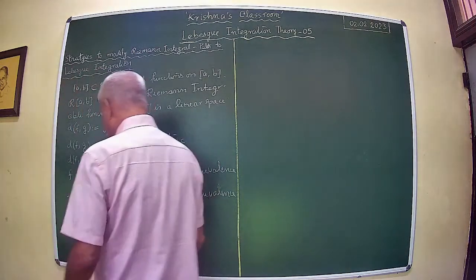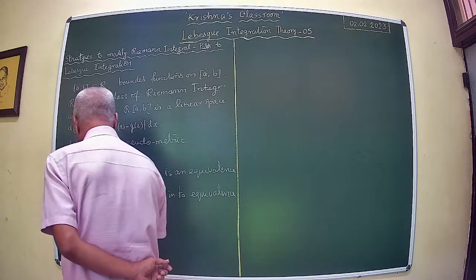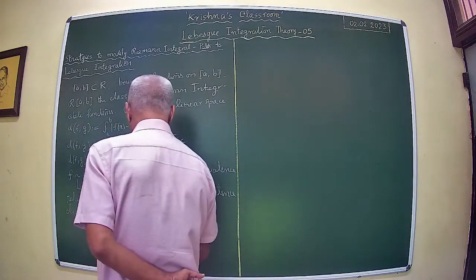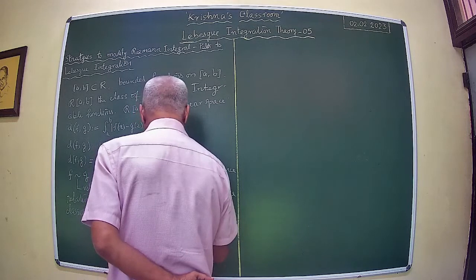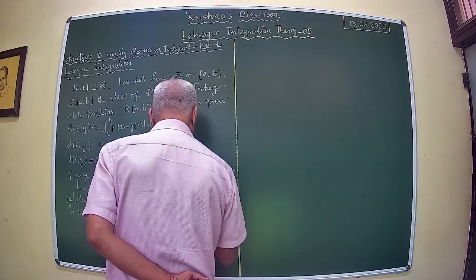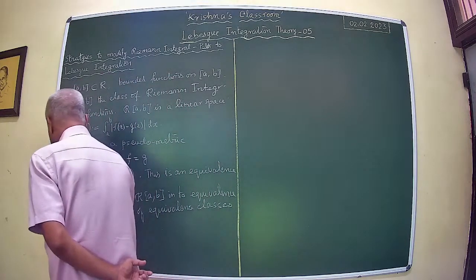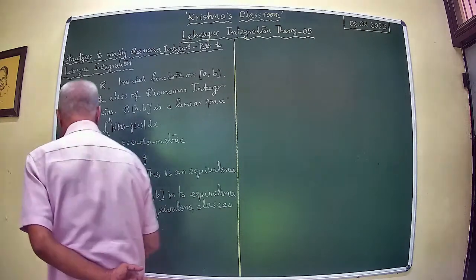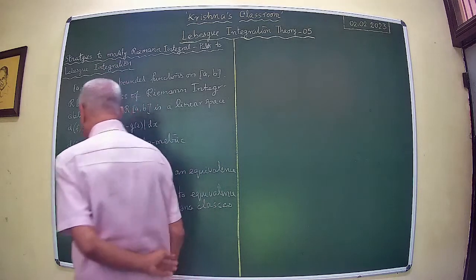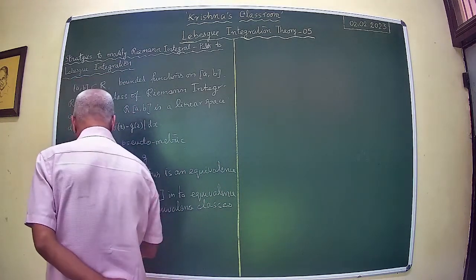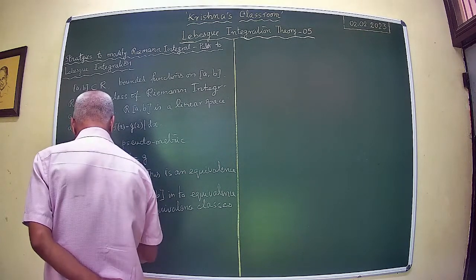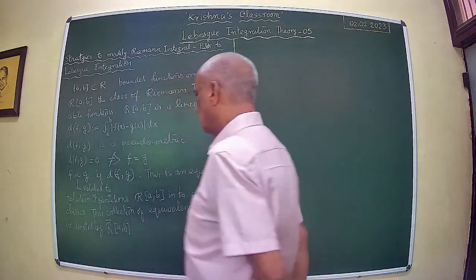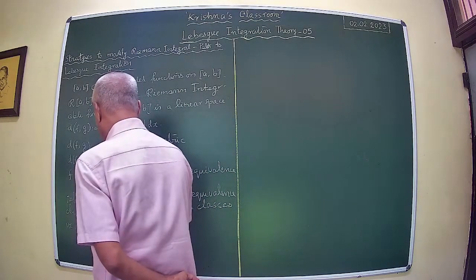And we denoted this collection of equivalence classes by R bar [a, b], and this, of course, you can write as R[a, b].